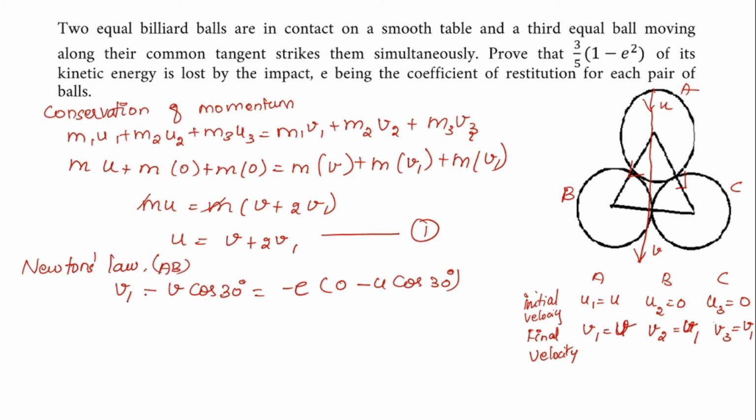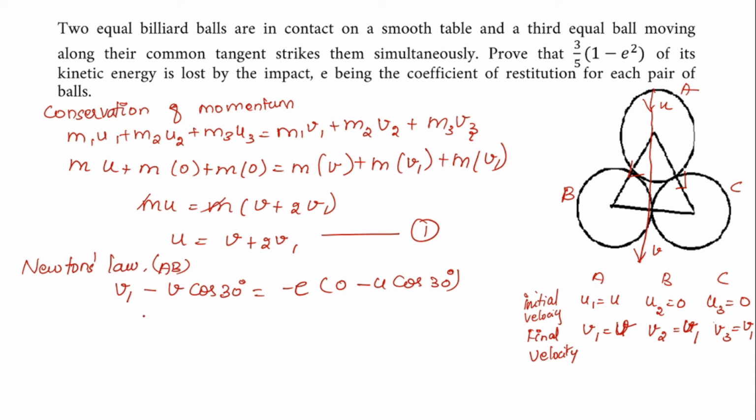So v2 is v1 and v cos 30 degree, because we are considering the angle as 30 degree, because the two sides are equal. That means the angles for the two balls at rest, B and C, are the same, 30 degree and 30 degree. So it is minus e into (0 minus u cos 30 degree).